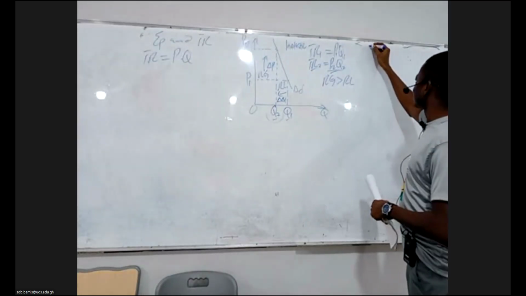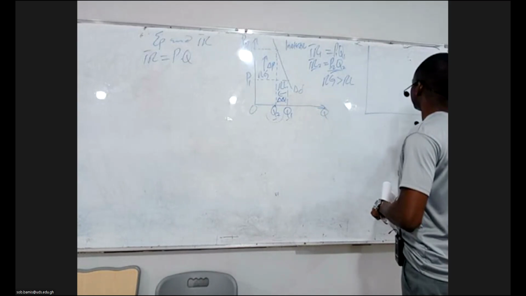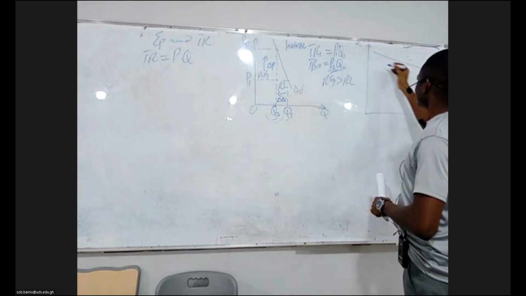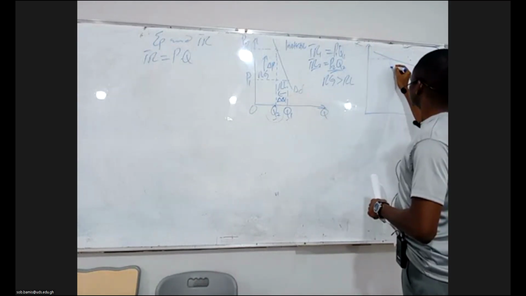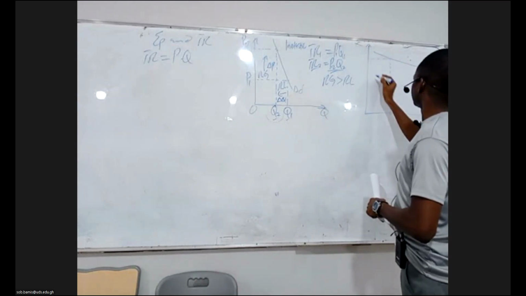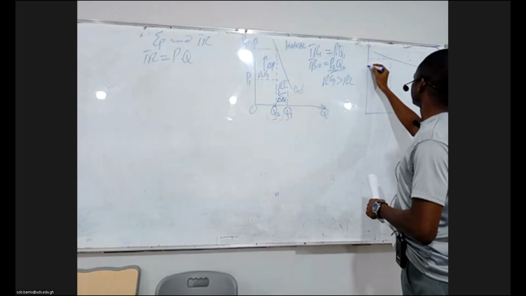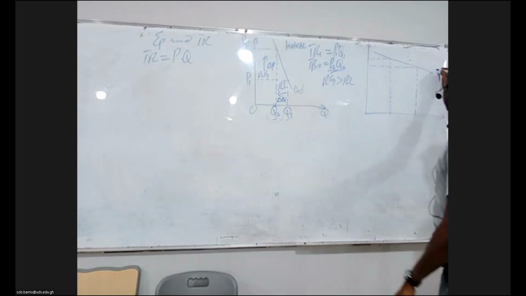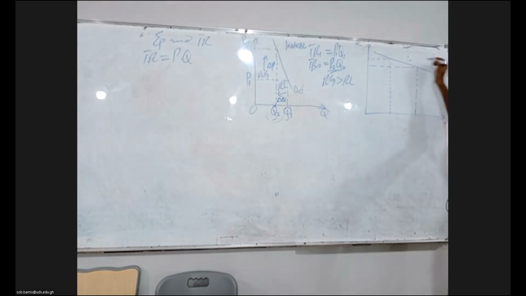Then let's move on to another example. This is our demand curve. Our price is P, our quantity is Q. All right.